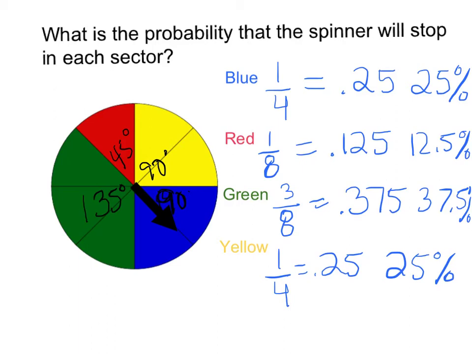Instead of the circle cut into eighths, you might see it cut up into degrees, and you would have to take the degree. Let's take, for example, the blue, 90 degrees, and divide it by 360. That will still give you 1/4, 0.25, and 25 hundredths.